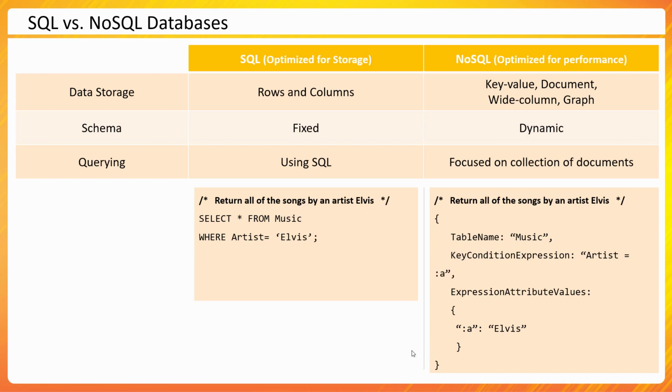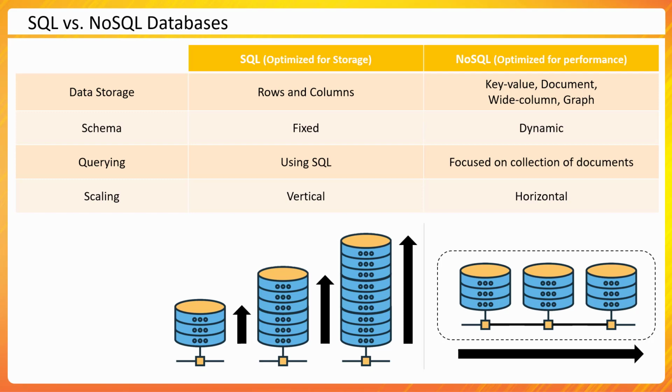When it comes to scaling, scaling is a method by which I am able to honor it when a lot of requests are coming to my databases. In SQL databases, if you need more performance, you would do vertical scaling. You would keep on throwing more CPU and power at your database and keep increasing its size, and that is how you would handle a larger number of queries.